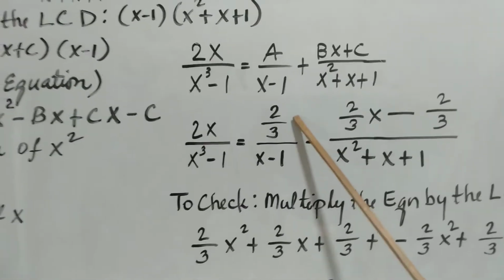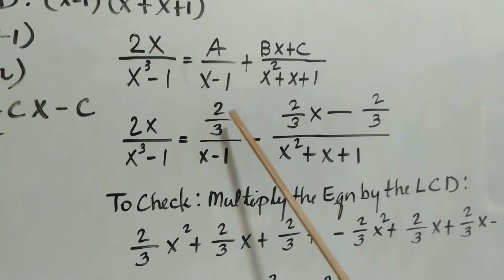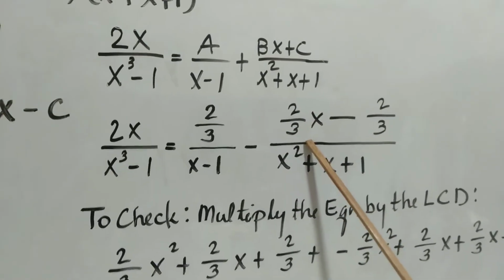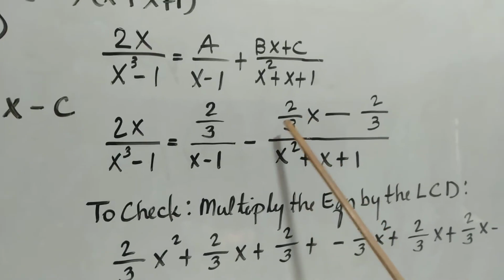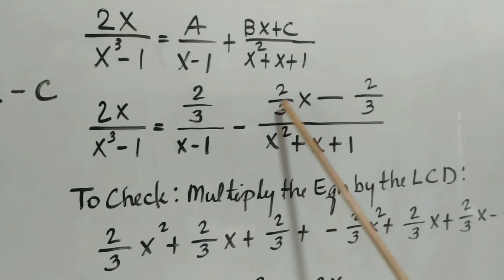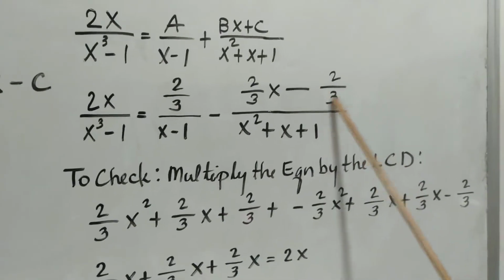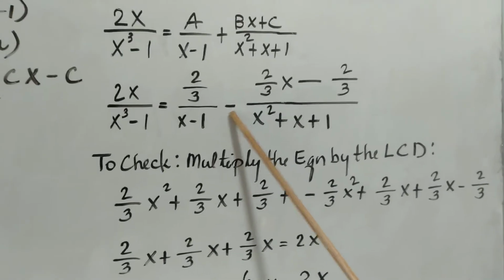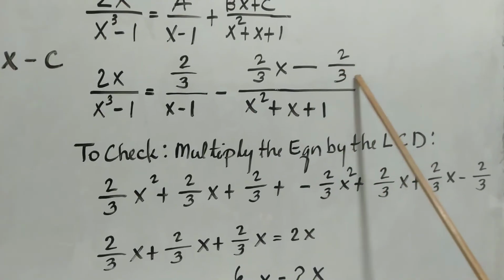Since A is equal to 2/3, we have 2/3 over x minus 1. And since B is negative 2/3, this one is minus 2/3 x, and C is positive 2/3.